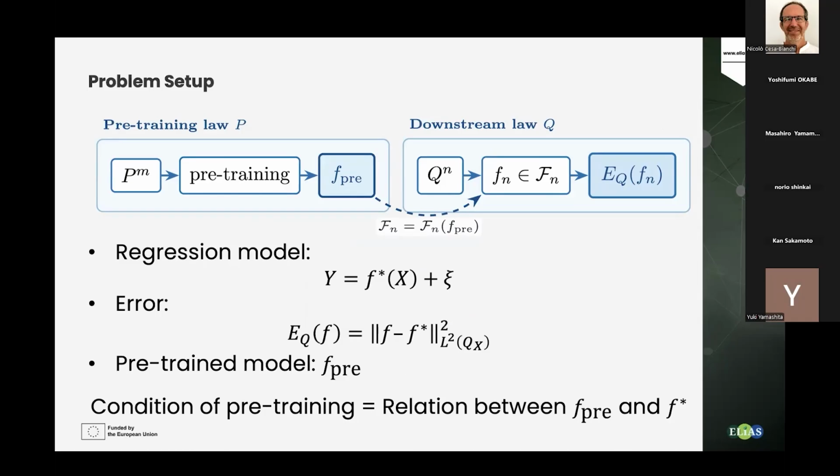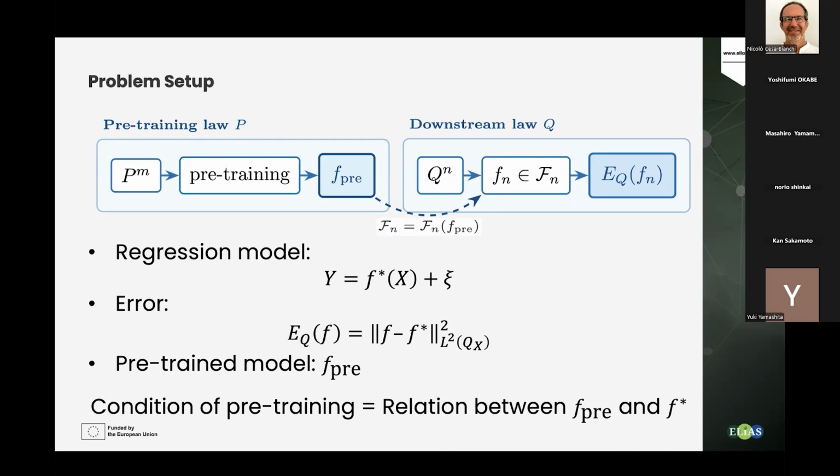We assume the pre-training distribution and the downstream distribution are somehow different. We also assume a regression model underlying the distribution, where the outcome is some regression function of the covariate plus noise, and we evaluate error by the deviation from this underlying regression function.